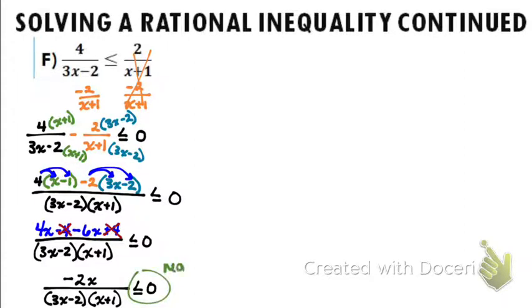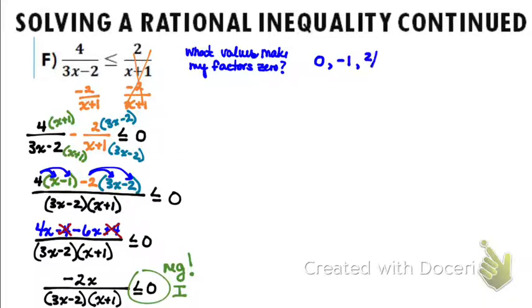So I want negative intervals and included. What values make my factors 0? 0, negative 1, and a positive 2/3.